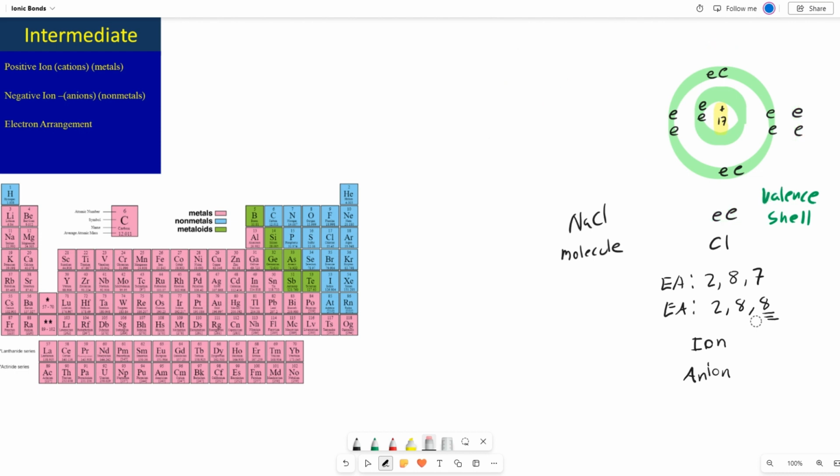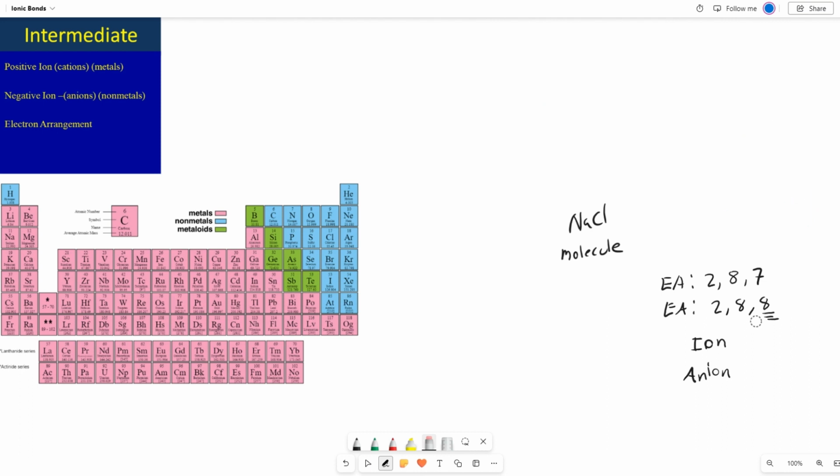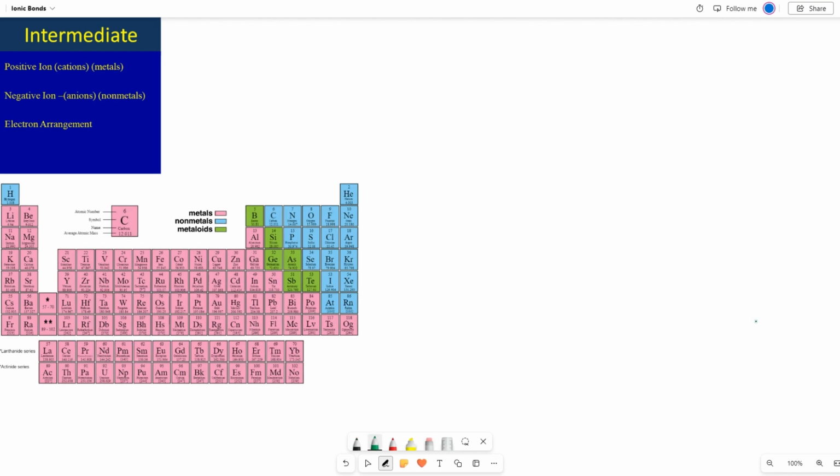So now we'll take a look at, say, lithium and fluorine. So lithium, which is element number 3, has 3 protons and 3 electrons, and fluorine, which is element number 9, has 9 protons and 9 electrons.